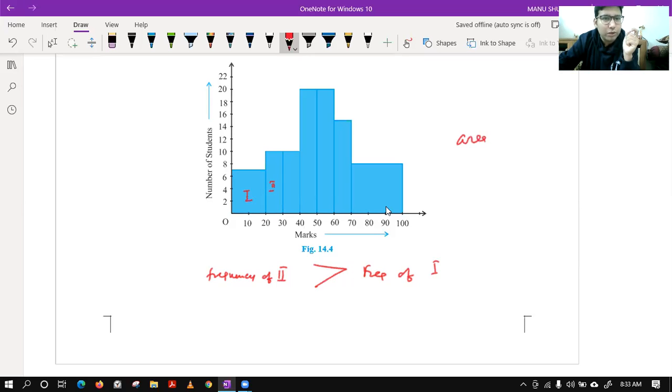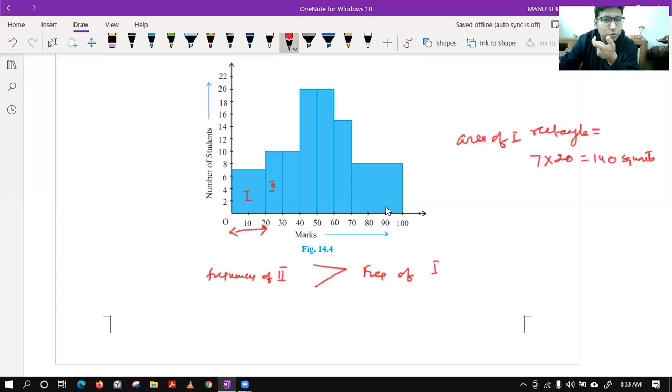Class, please help me. What is the frequency of first rectangle? Please tell me. The frequency is 7. Very good. And what is the width of this first rectangle? The width is, yes, 20. The answer is 140 square units.